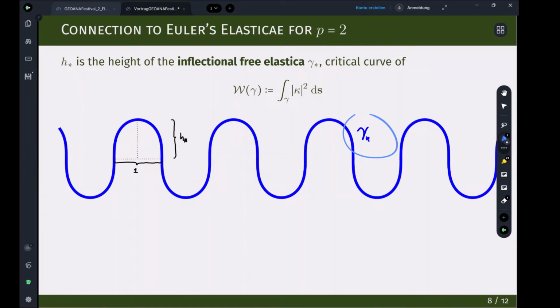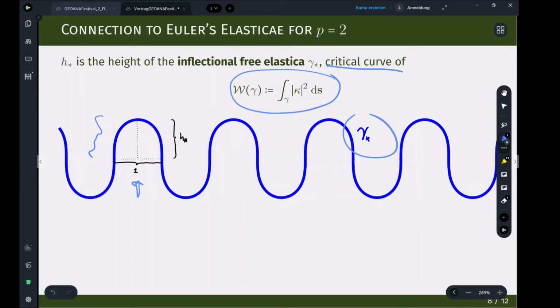You have a distance of 1 here, and the height of this critical curve is exactly h star here. So this is how this theory is connected to this curve energy, and one has to study maybe what this critical curve here has to do with it.